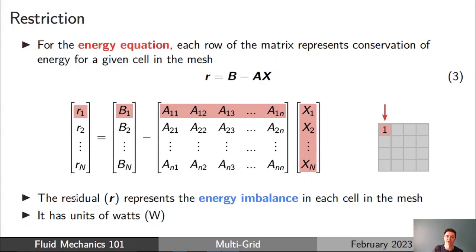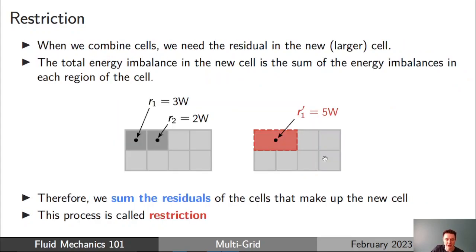So of course it's going to have 16 entries. Each of those entries is going to be the energy imbalance in a cell in the mesh, and each has units of watts. Of course, this makes sense. As our solution converges, the energy imbalance in individual cells will tend to zero, and when our energy imbalance is equal to zero, conservation of energy is satisfied. We have AX equals B for each of the cells in the mesh.